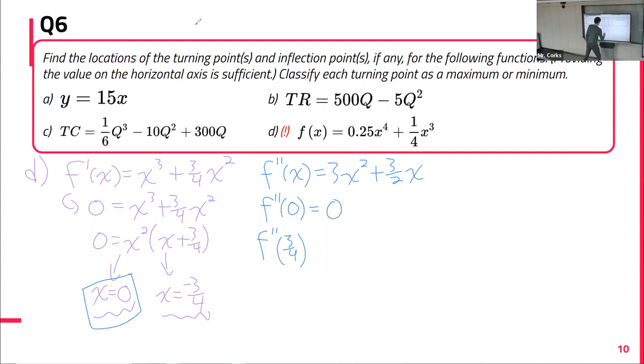So second derivative at -3/4: 3 times (-3/4) squared plus 3/2 times -3/4. Yes, sorry, thank you. What's our result of this? Is it positive or negative? Okay, so this whole thing will be positive.